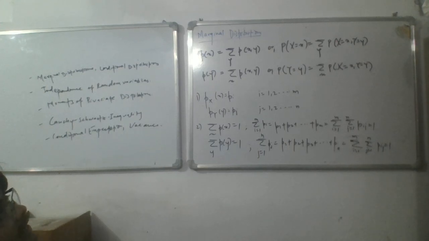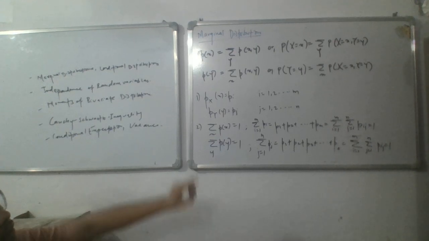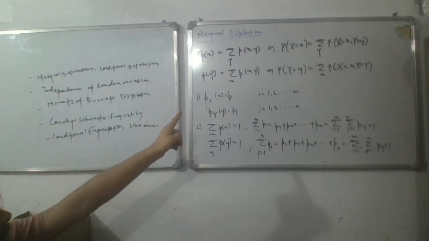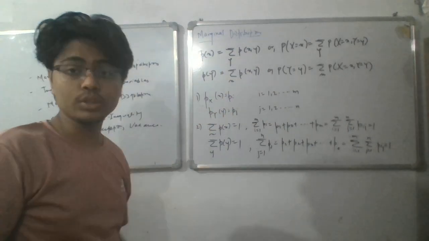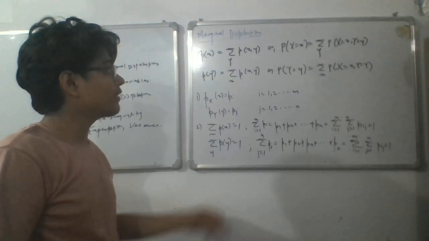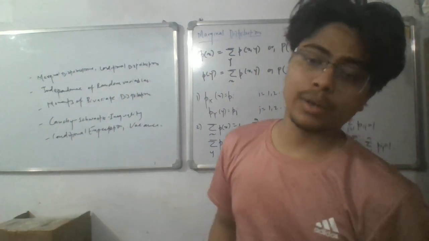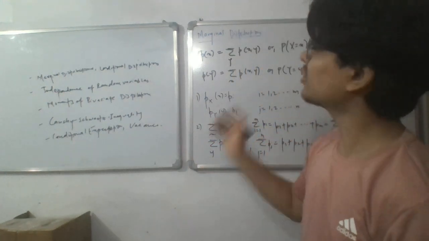You can see that P(x) equals the summation over y of P(x, y). Here we consider x to have a certain value, and we just do the summation over y, right? That means x is held constant, we are not talking about the value of x, and we are just focusing on y.